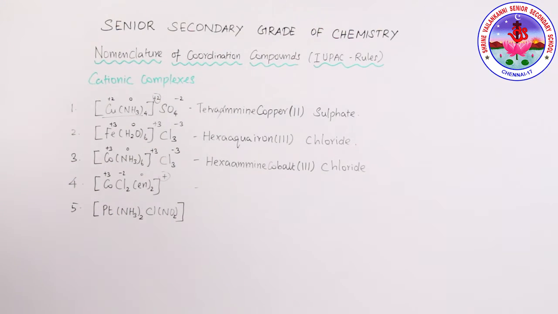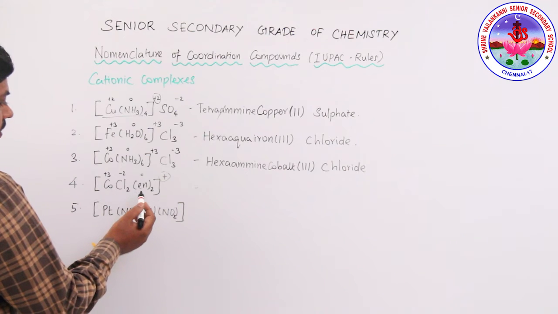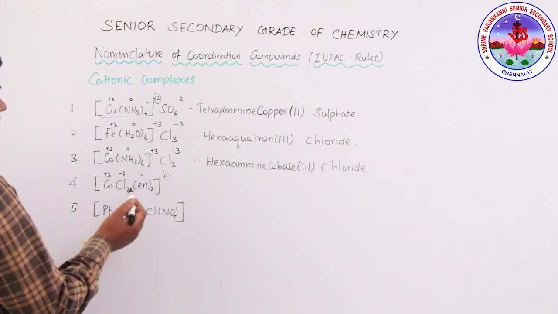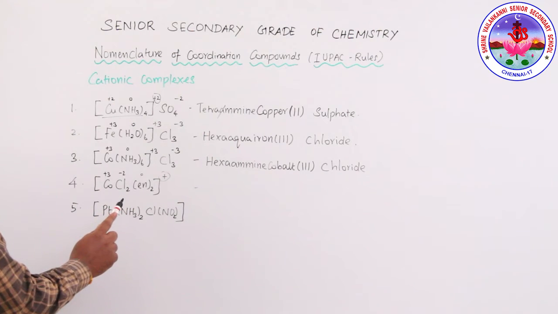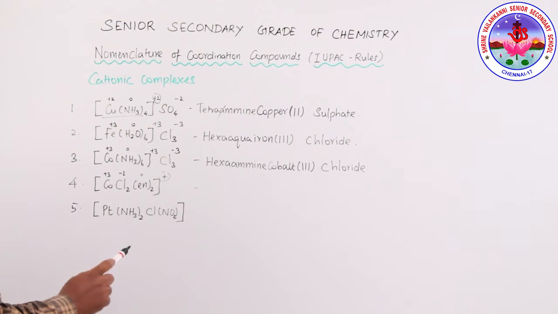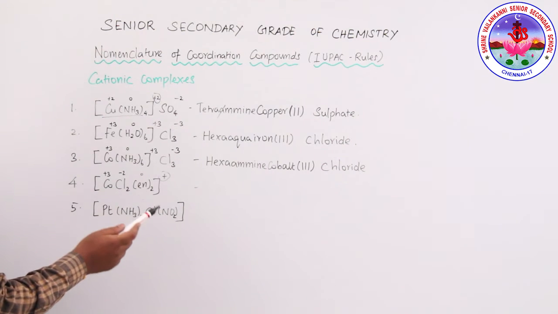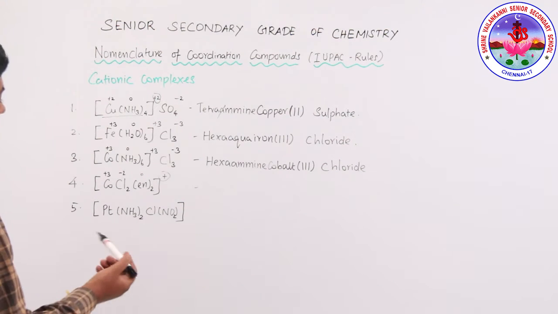Now it is satisfied. Look at this, ethane-1,2-diamine already has di in its name, so it is a complex ligand. If more than one of a complex ligand is present, you have to use bis for 2, tris for 3, tetrakis for 4, like this.